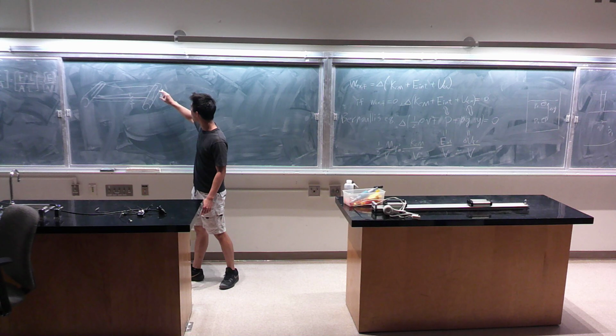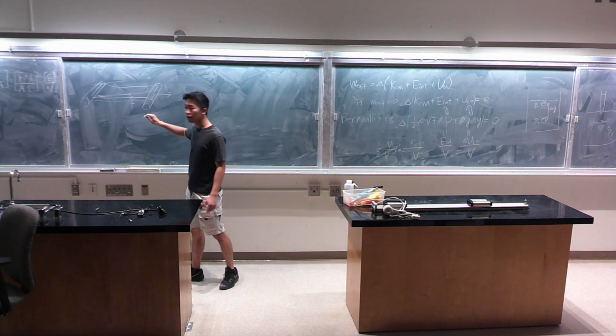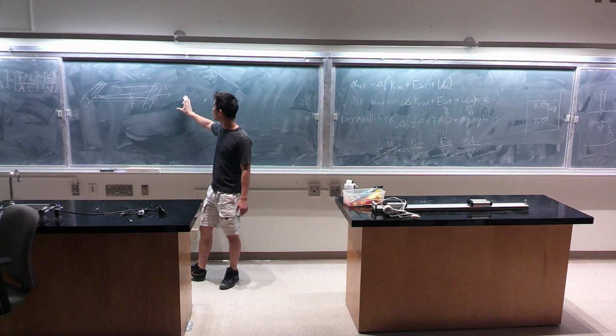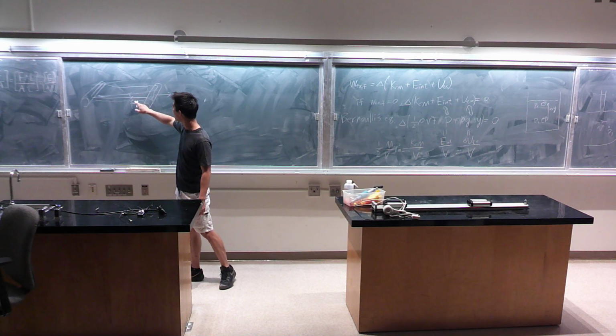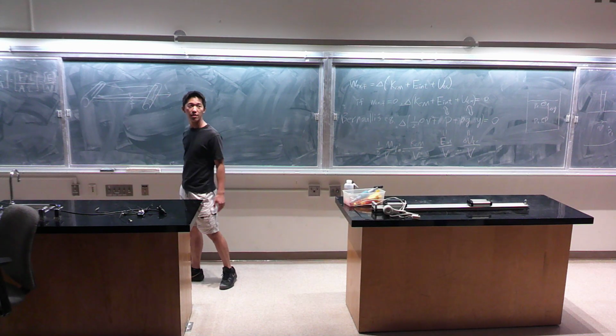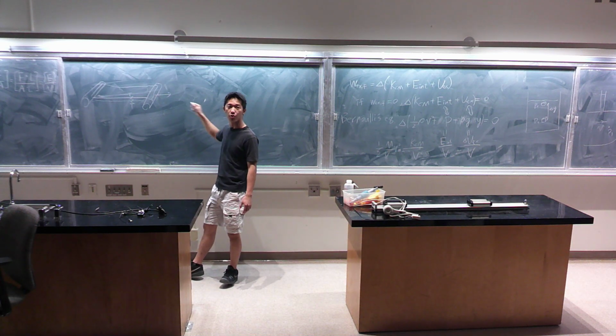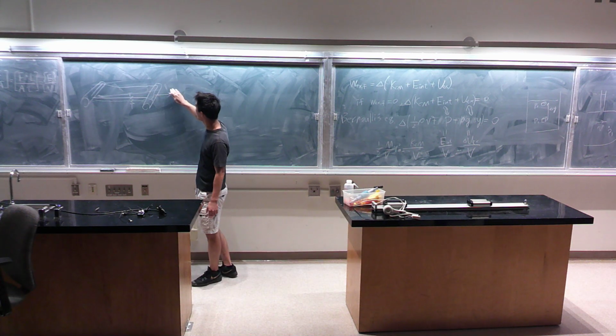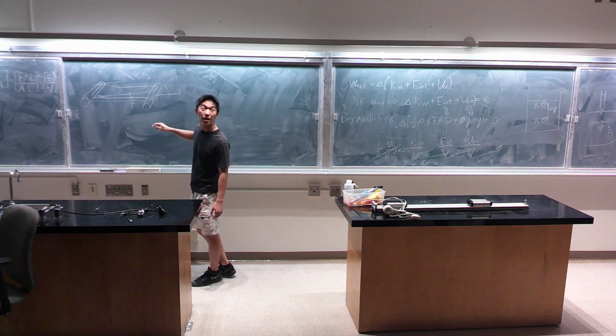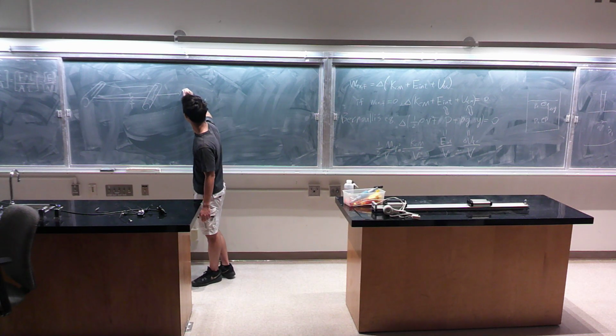So if you want to move this tube to the right, how big of a force do you need if the tension on top and bottom are both T? How big of a force do you need to push forward? 2T? Good, 2T.